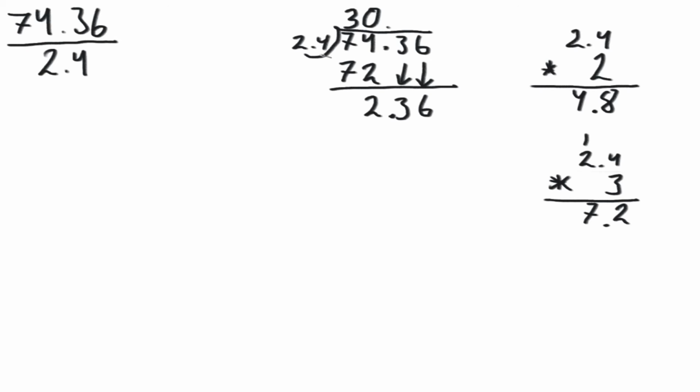So it's almost 10. So 10 times 2.4 would be 24. So that's too much. So let's see how much 9 times 2.4 is. So 9 times 2.4 is equal to 4 times 9, 36. Save 3, 2 times 9, 18, plus 3 is 21.